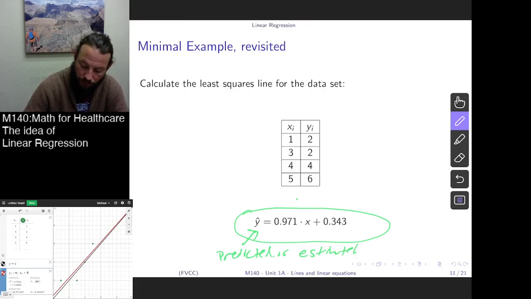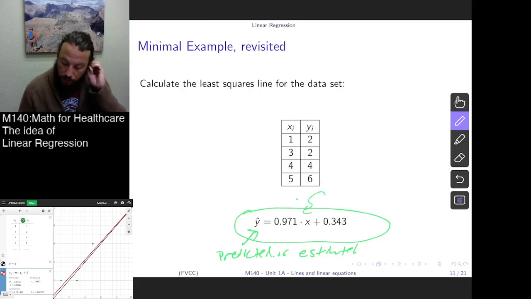Notice it's slightly different, and of course we get this line y hat equal to 0.971 times x plus 0.343. And you see that is slightly different, and it turns out that it is slightly better than the other line.